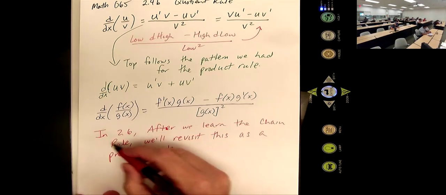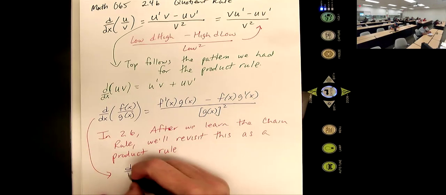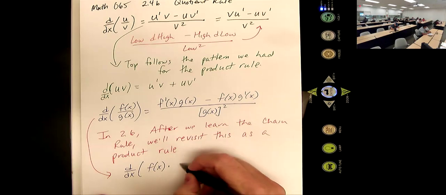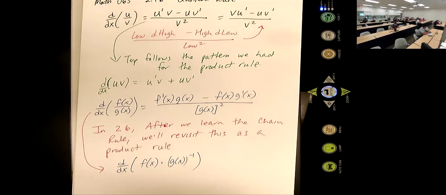The idea being that I can write this same thing as the derivative of f of x times g of x to the -1. So now it's a product, but we have a negative exponent, and you need the chain rule to deal with the negative exponent. And after that, we'll do some examples.